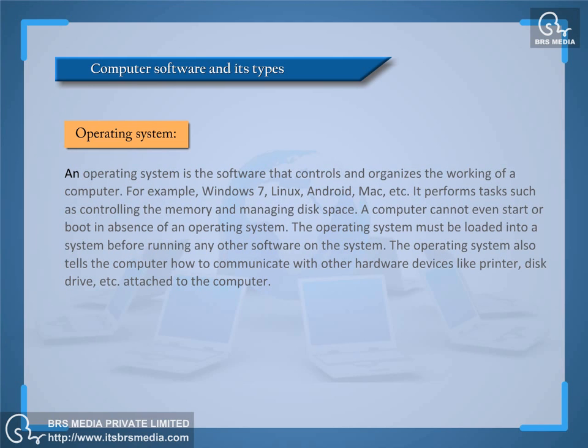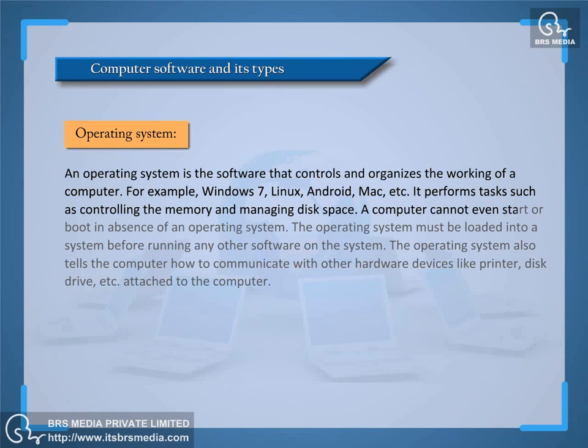Operating system. An operating system is the software that controls and organizes the working of a computer. For example, Windows 7, Linux, Android, Mac, etc. It performs tasks such as controlling the memory and managing disk space.